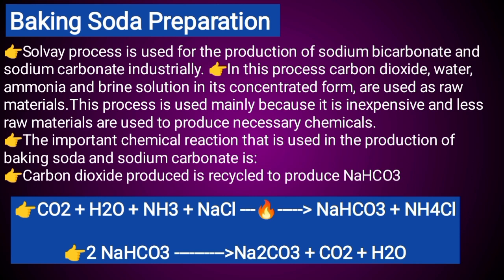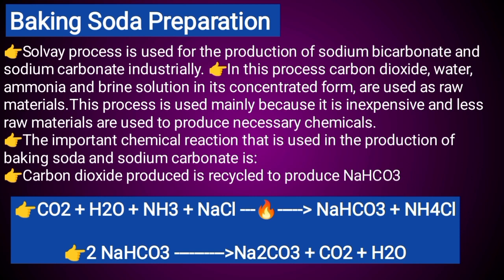This process is used mainly because it is inexpensive and fewer raw materials are used to produce the necessary chemicals. The important chemical reaction used in the production of baking soda and sodium carbonate is this: the carbon dioxide produced is recycled to produce sodium bicarbonate. So finally, carbon dioxide gas, water, ammonia gas, and sodium chloride, these four compounds combine to give the products. It is also called the Solvay process.